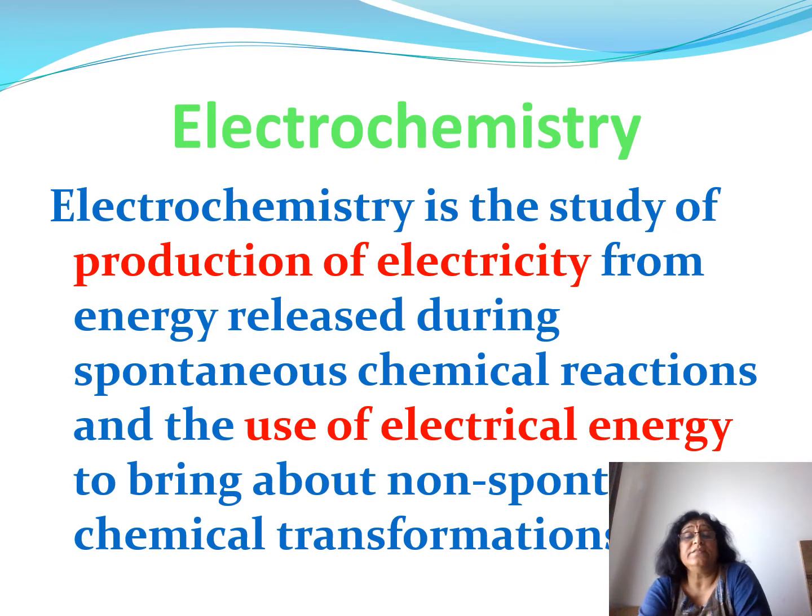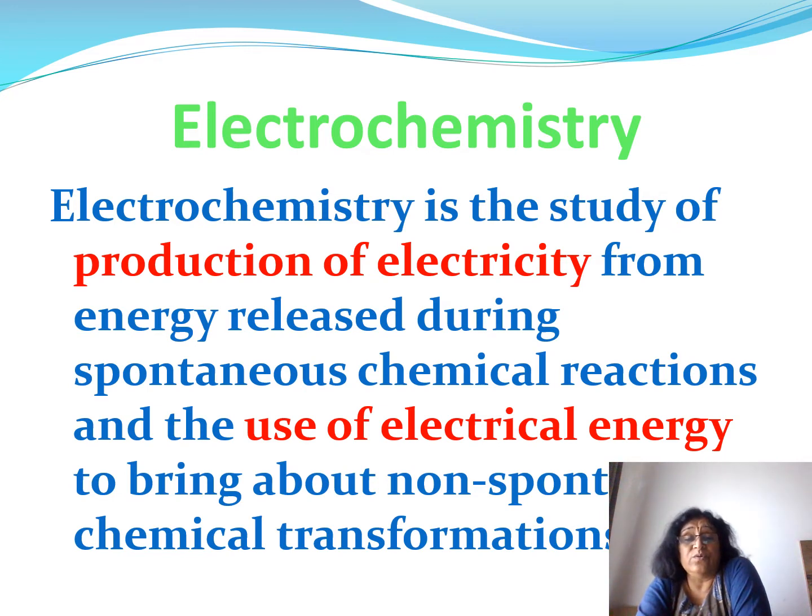So electrochemistry is the study of production of electricity from energy released during spontaneous chemical reactions and the use of electrical energy to bring about non-spontaneous chemical transformations. When a chemical reaction takes place, there is flow of electrons and electricity is produced.